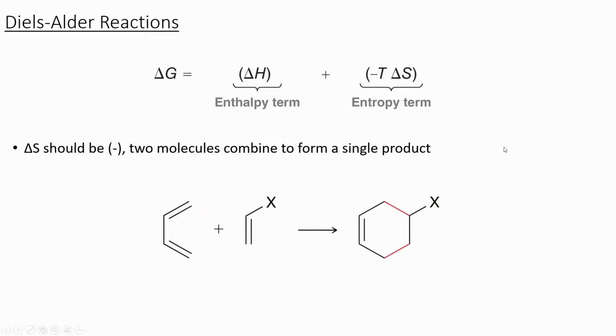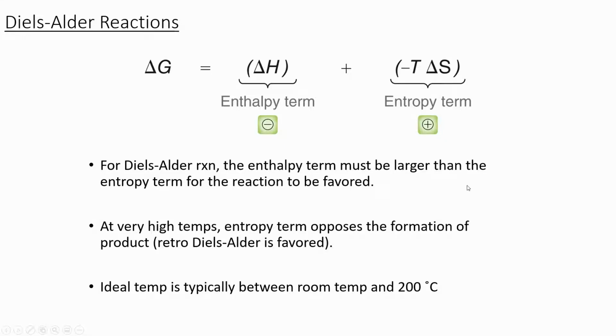When we look at the entropy, we're going from 2 molecules into 1 molecule, so we're going to have a negative entropy term overall. Since we have a negative enthalpy term and a negative entropy term, the enthalpy term must be larger than the entropy term for the reaction to be favored.